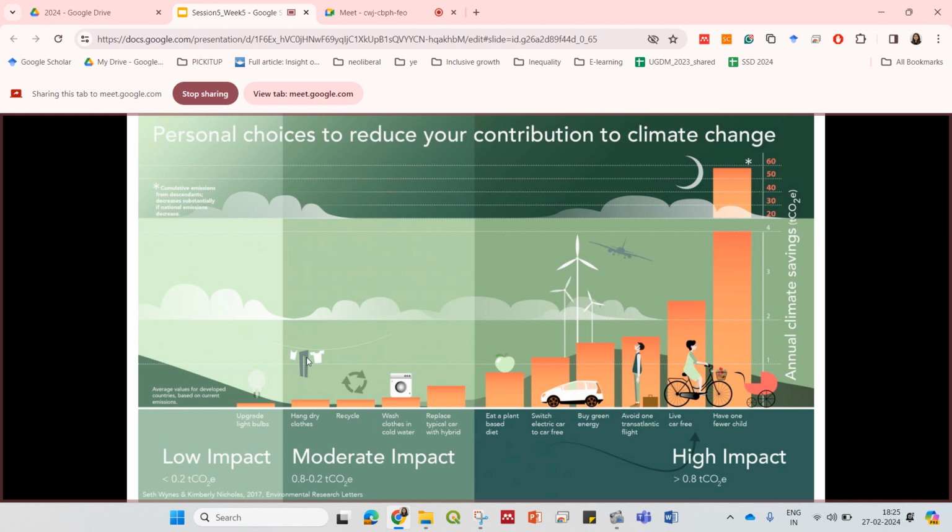So these are the things which will have a moderate impact. Among these, the highest impact will be if you replace your typical car with a hybrid car and so on.